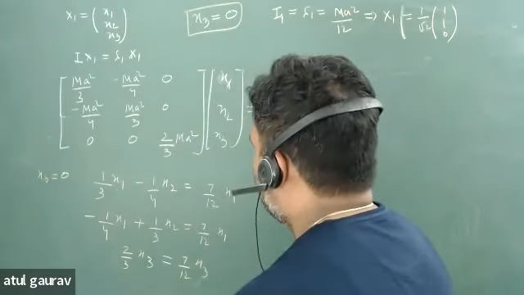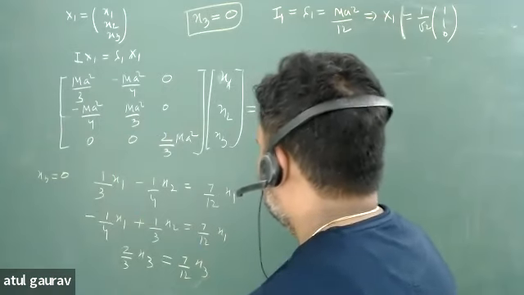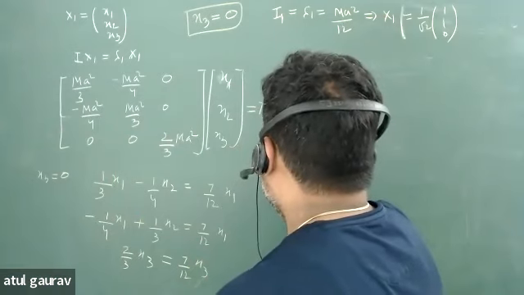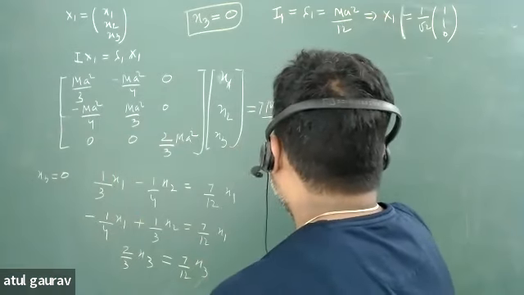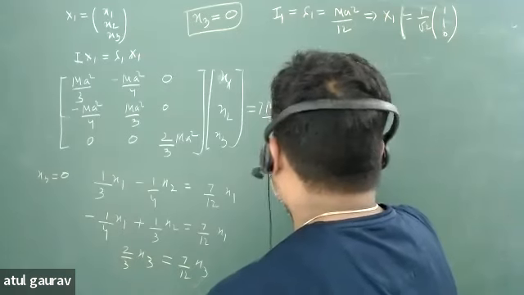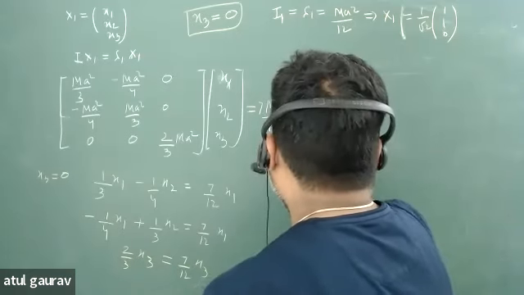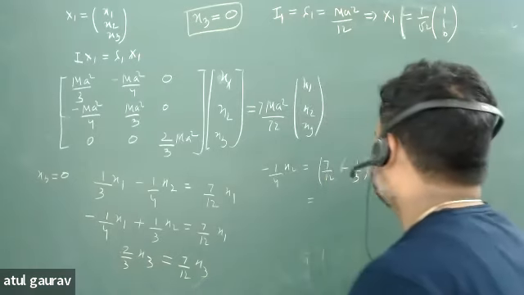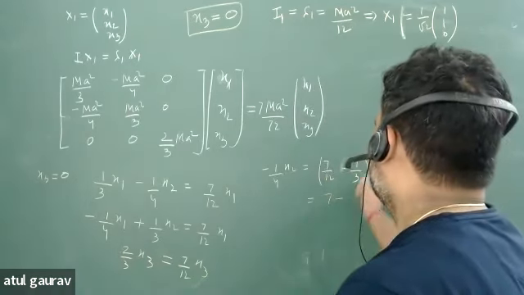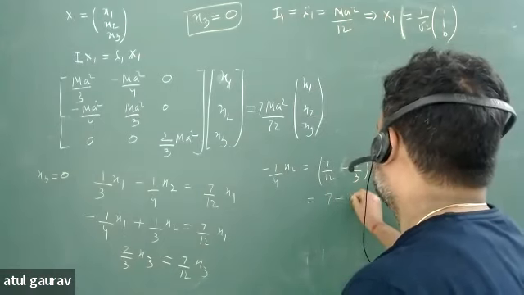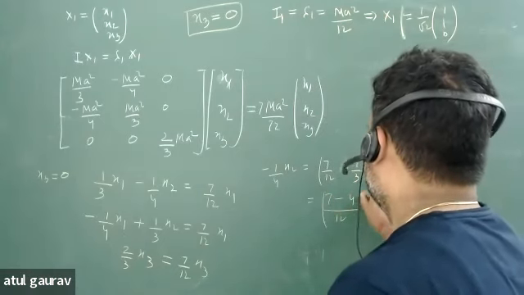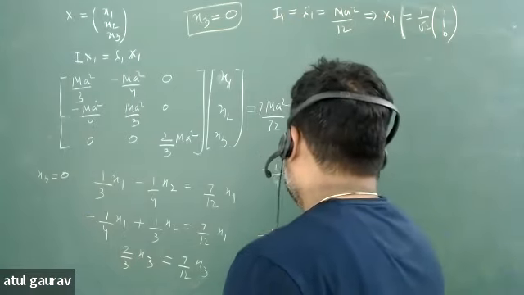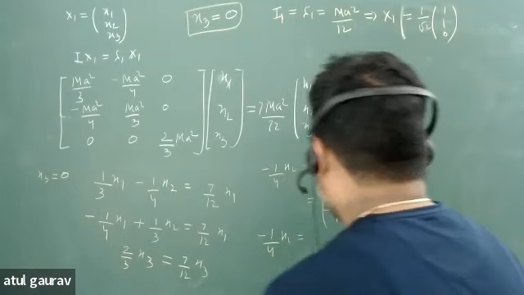And from here, just take x1 here. So you have minus 1 by 4 x2 is equal to 7 by 12 minus 1 by 3 x1. So what is that value? 1 by 4 times 7 minus, and this will be 4, by 12 x1. See, my arithmetic is very bad, so I always have to go with this method.